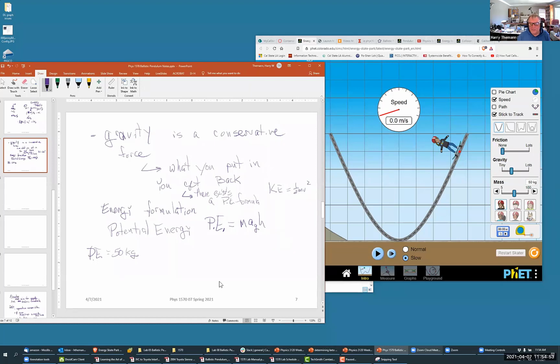The acceleration of gravity, sometimes also called g, equals 9.80 meters per second squared. We know something about that from the Marble Lab. And we've set her height to be 5 meters.